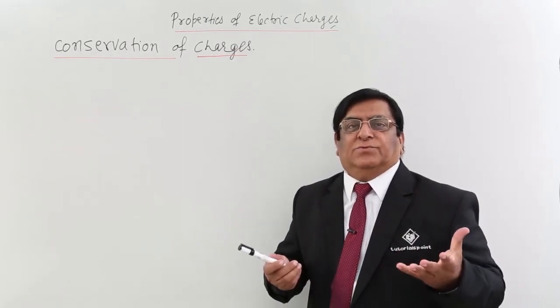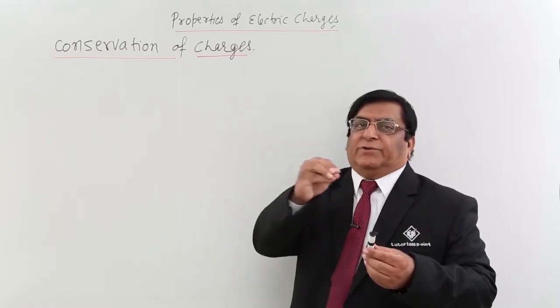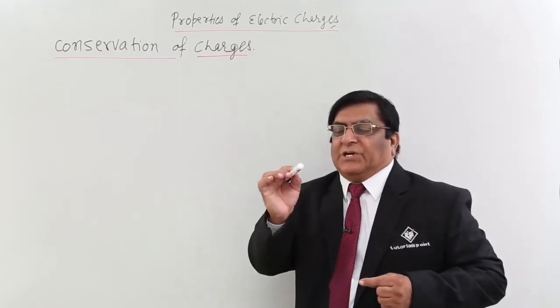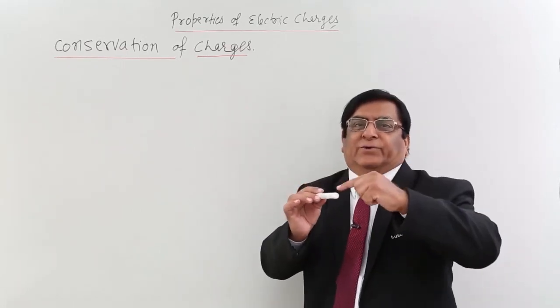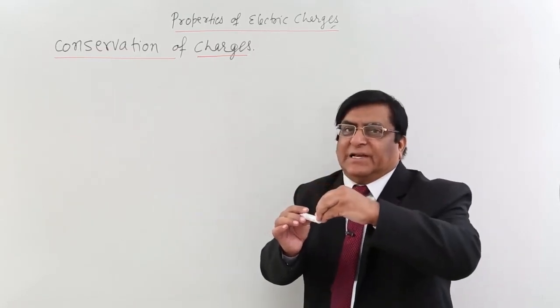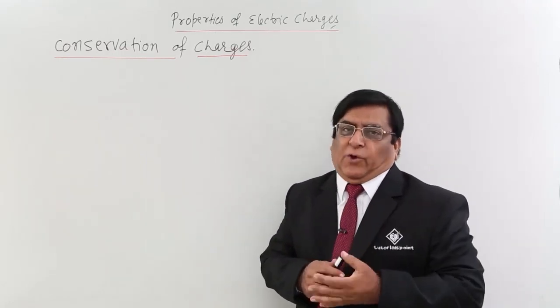Then what do we do? We only transfer charge from one body to the other body. If I rub it like this, I have transferred charge from this cloth to this pen. So there will be some charges less here and some charges added there, but the total will remain the same. This is the conservation law.